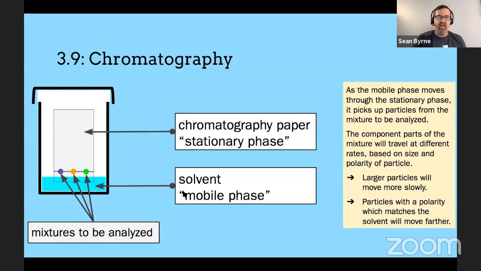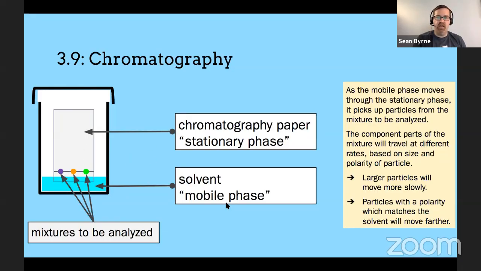So if we had a polar solvent, the components in here that are polar would stick to those polar solvent more strongly and move farther with them. If we had a non-polar solvent, the parts of the mixture that were non-polar would stick to the non-polar solvent and would travel further, right? So this is a key understanding here. The particles in our mixture that have a polarity which matches the polarity of the solvent will travel farther.